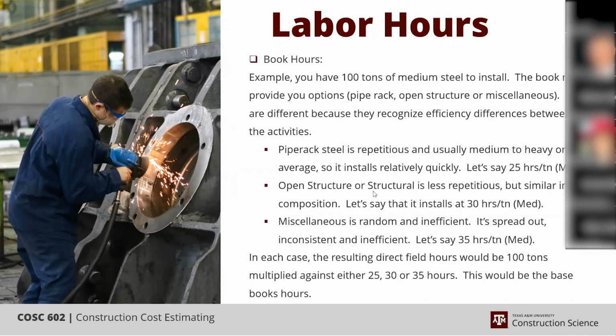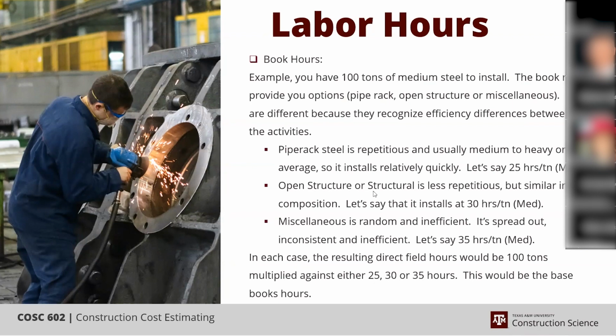So I think this slide makes a point that most everybody listening right now already understands. If you have 100 tons of medium steel and you have book rates that you're going to reference, we usually recognize 3 different scenarios for steel.